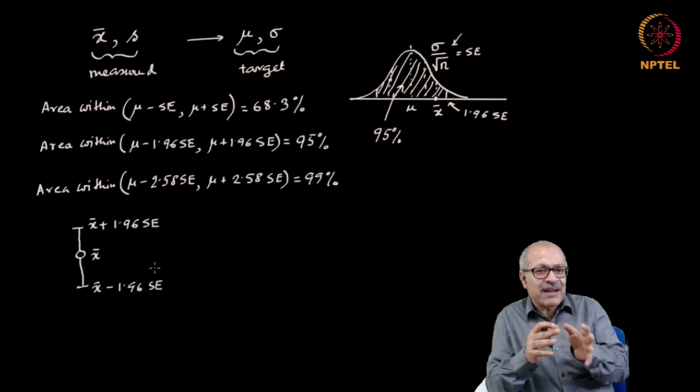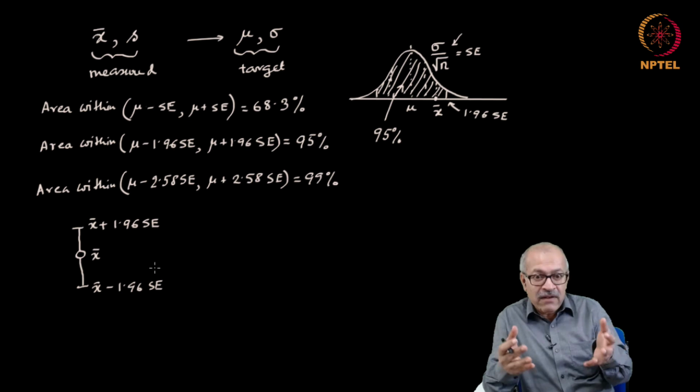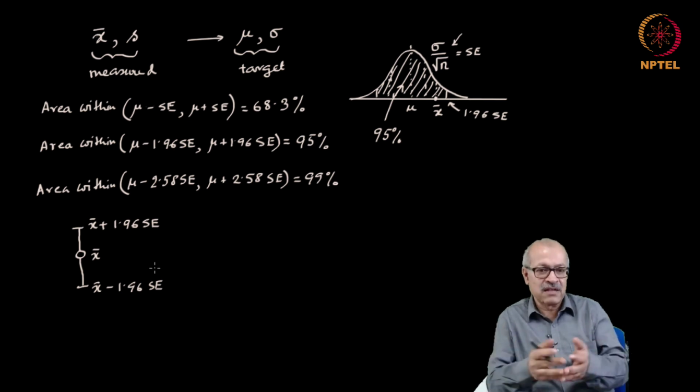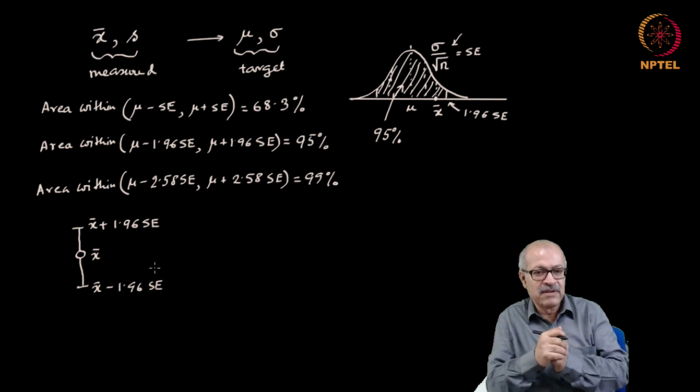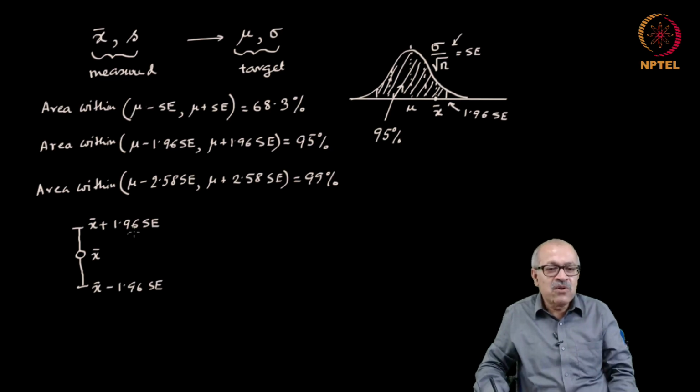But there are some fields that demand an even higher level of confidence when you state the result, for example 99%. In that case, you have to put 2.58 here.